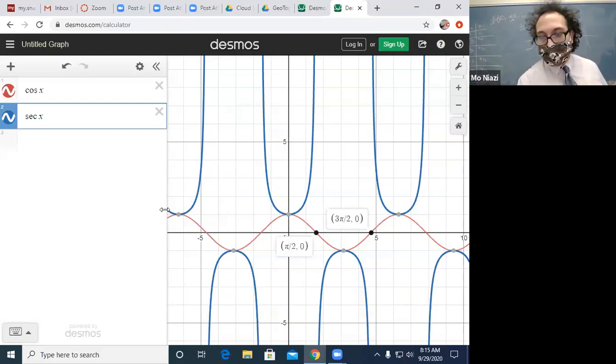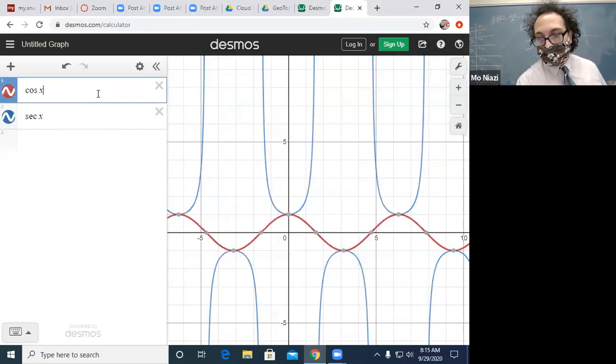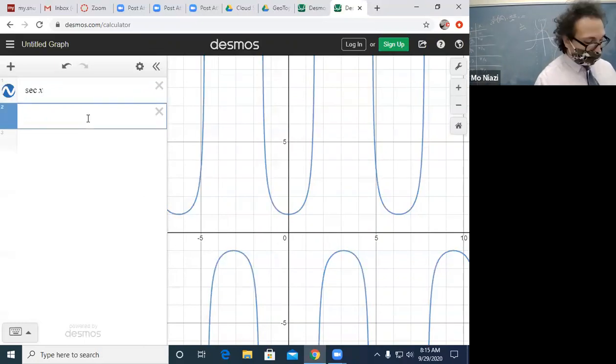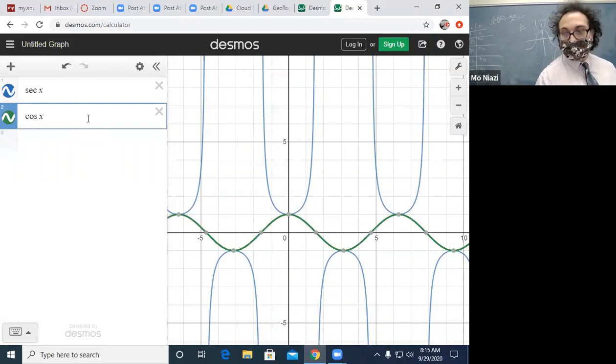So notice that you really need cosine to build secant. Take a look. You could look at secant all on its own, and it wouldn't really make a lot of sense why that's happening. It's only when you think about it in the frame of reference with cosine here that it makes sense.